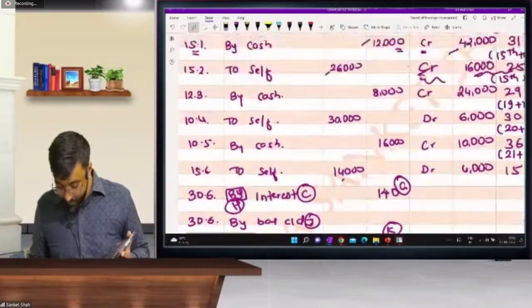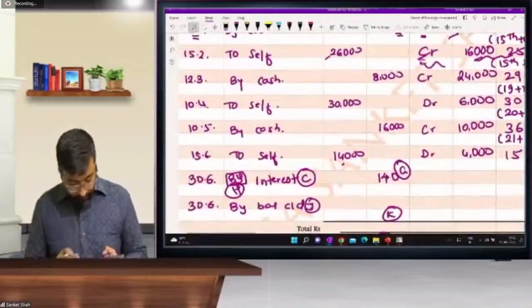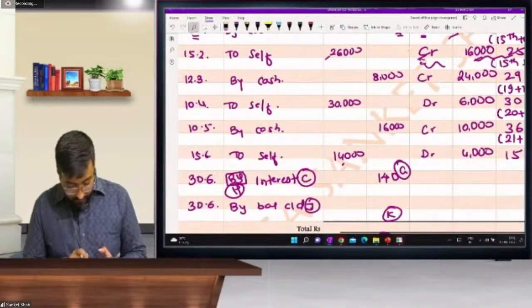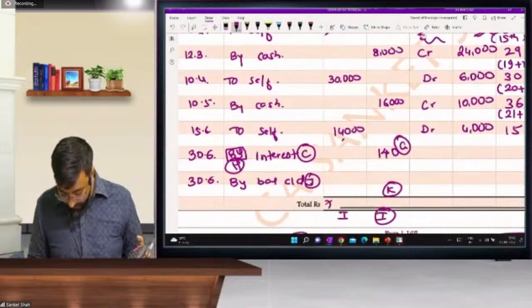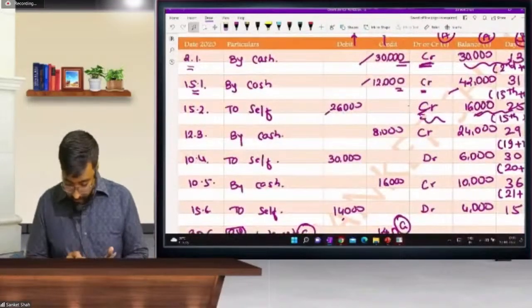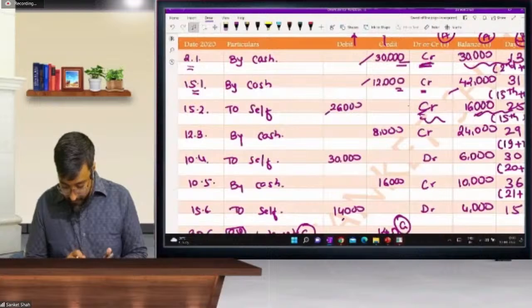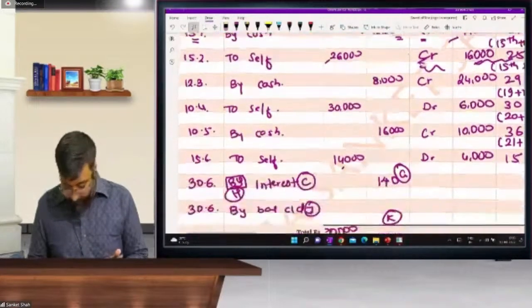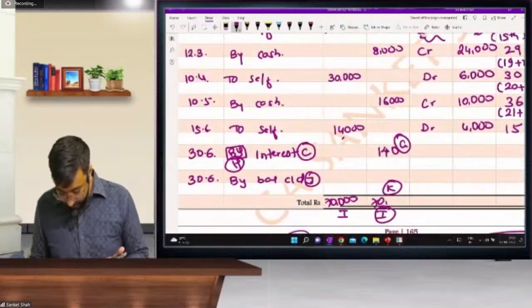See, the total of I is debit: 26 plus 30 plus 14, debit 70,000. Debit is more, I think. 30 plus 12 plus 8 plus 16 plus 0.14. So debit is more, 70,000.